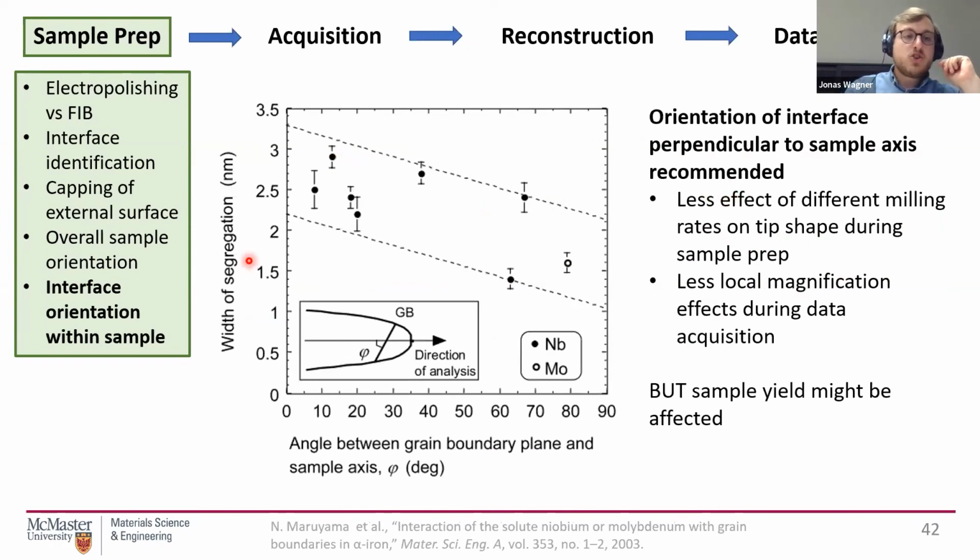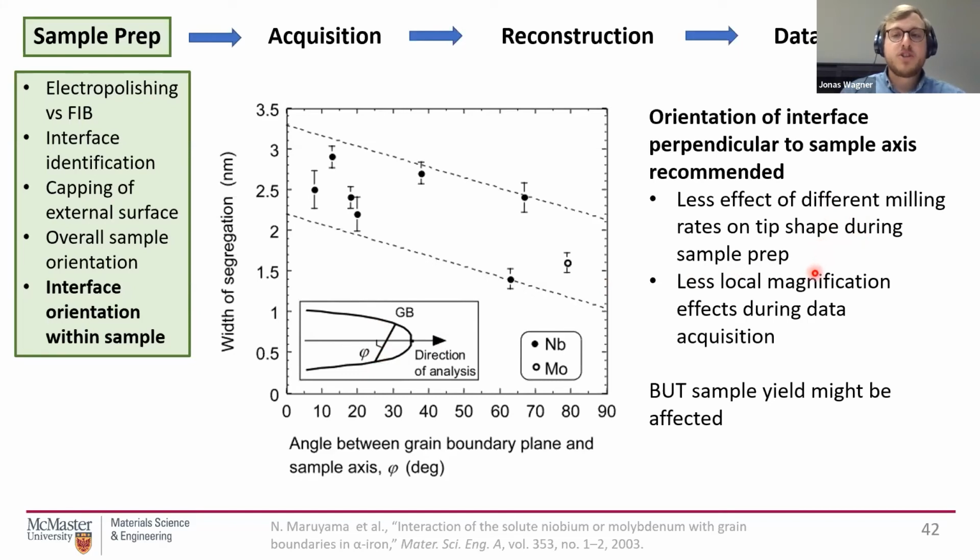But in addition to the overall sample orientation, we also should consider the interface orientation within one sample. Usually you want the grain boundary or the external interface to be perpendicular to the axis of your sample. That will help to give it a better tip shape, because you try to avoid, in the worst case scenario, running into different milling rates.